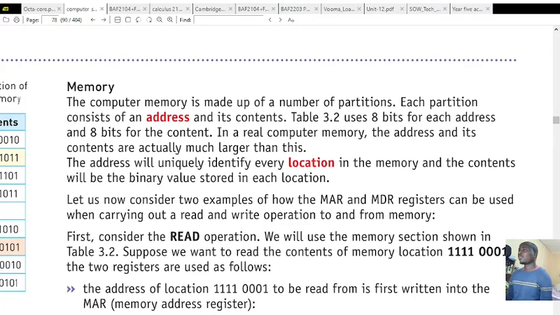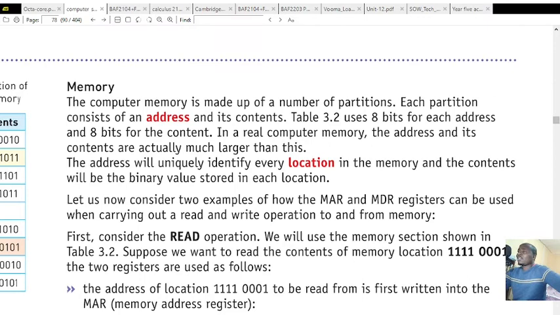Then we have the computer memory, which is made up of a number of partitions, as you can see. Each partition consists of an address and its content.